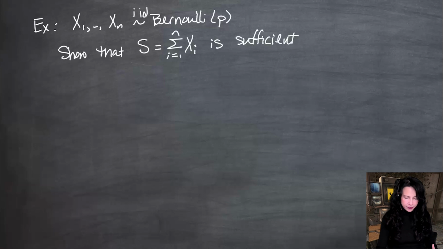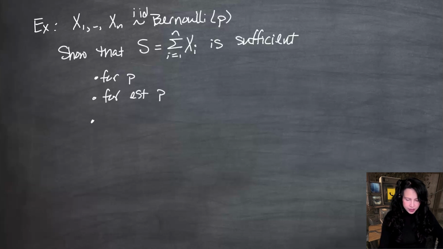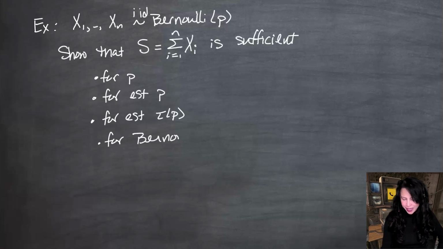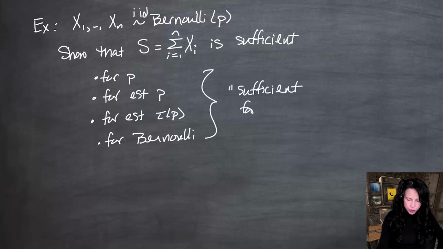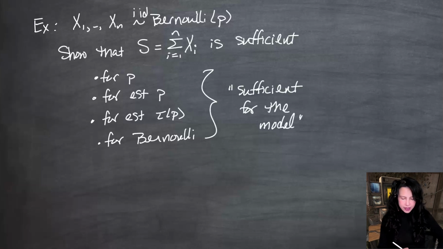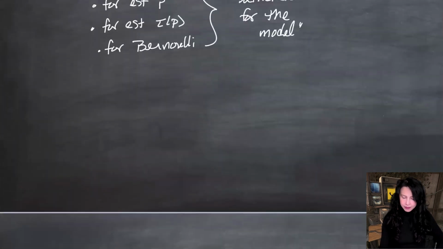Now, again, I was just saying sufficient for P, sufficient for estimating P, sufficient for estimating functions of P, sufficient for the Bernoulli distribution, because you might have another distribution with a parameter P for which this is not sufficient. So overall, we usually say sufficient for the model. Okay, I want to show this using the definition. So yeah, let's do it.